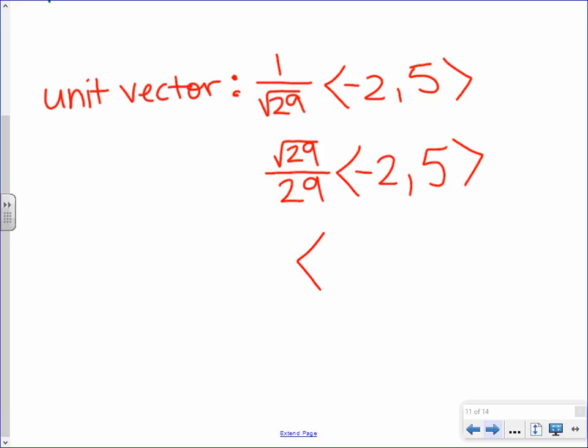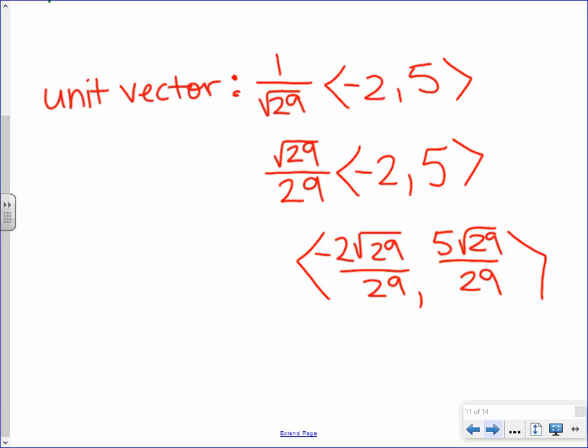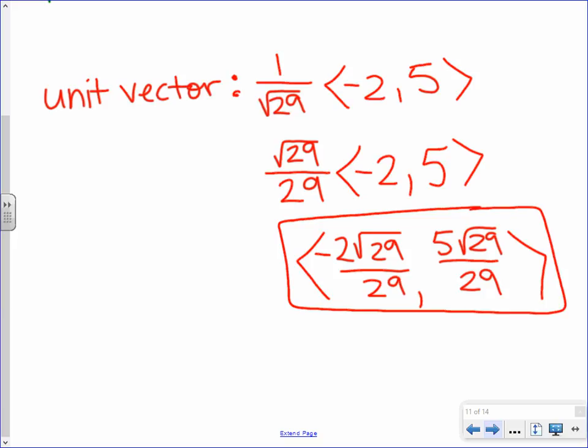And then what we can do is multiply that through. If we were to go and find the magnitude of that vector, it would have magnitude 1.